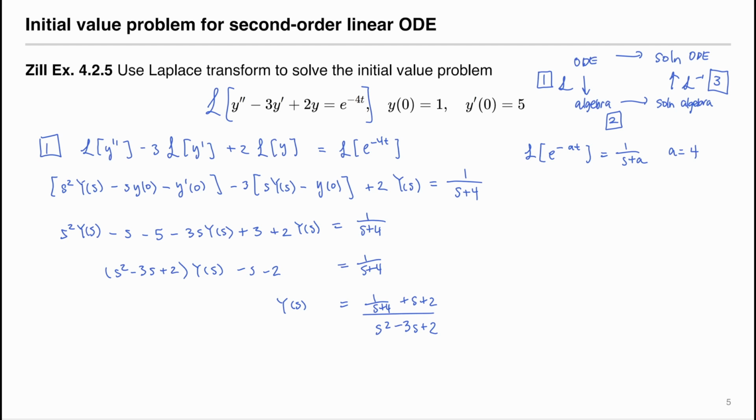Notice that the quadratic term can be factored out, so that we have minus 1 and minus 2. We can verify this by multiplying these two together. We have 2, it's good.